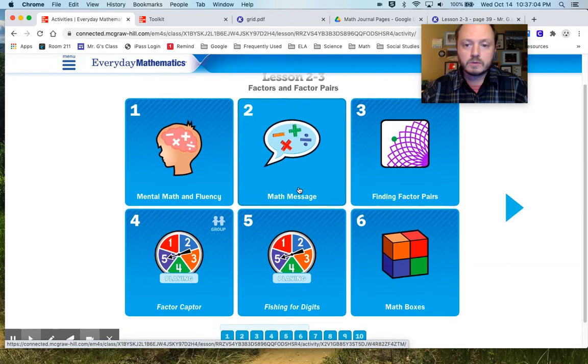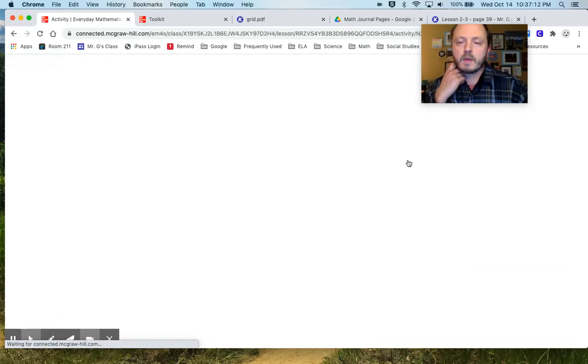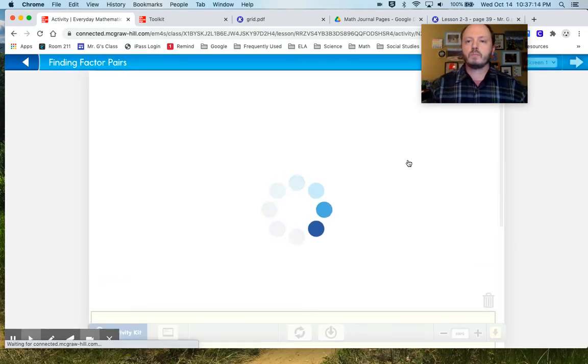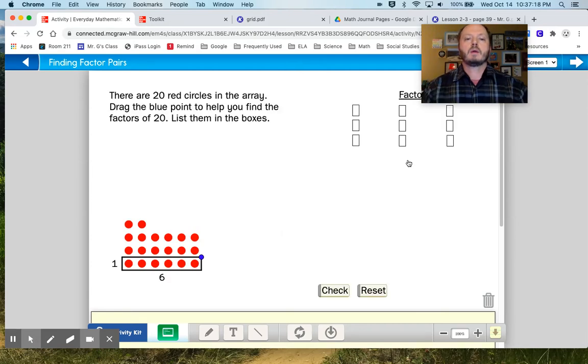And I'd like you to use this for a few different things. But the first thing we're going to look at is the finding factor pairs activity. So we're going to click on this and wait for it to load. Okay. And right here, it says, drag the blue point to help you find factors of 20. Look at that.